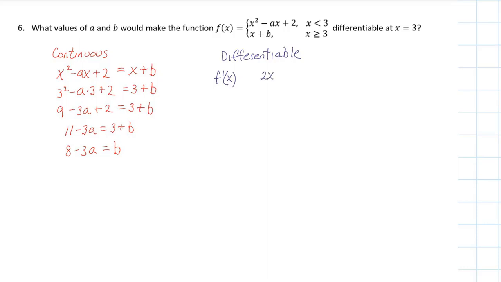The derivative of a times x is just a, because remember a is a constant, okay? And the derivative of 2 is 0, so that one's done. This is for x less than 3. The second function is x plus b. The derivative of x is 1, and the derivative of b is 0, so the b is now gone. We have x greater than or equal to 3.